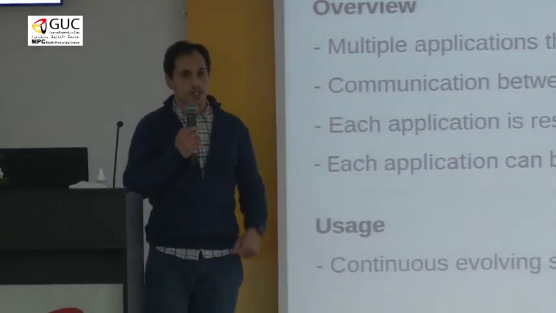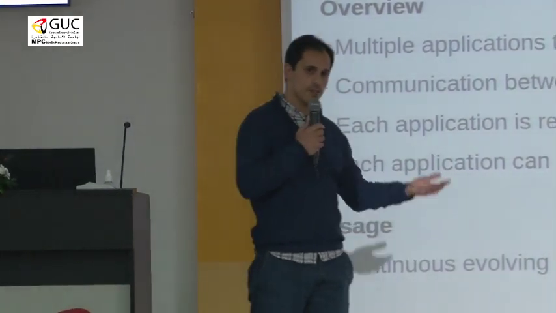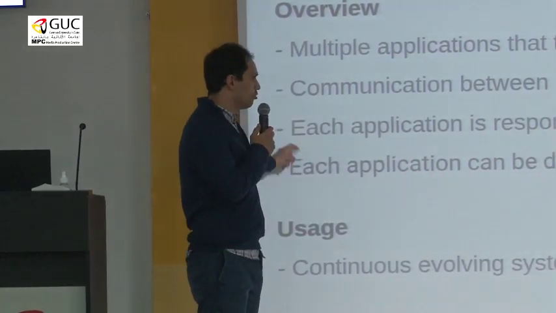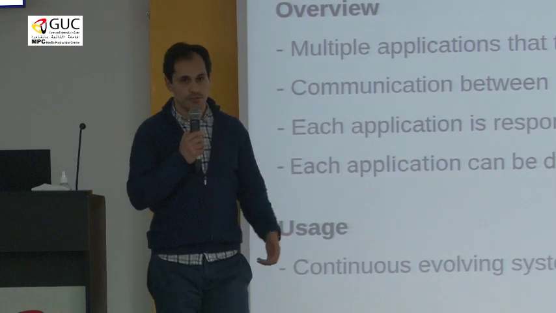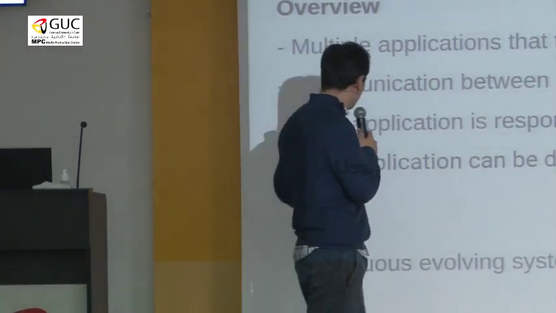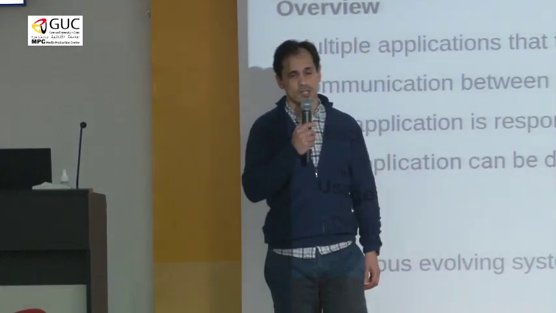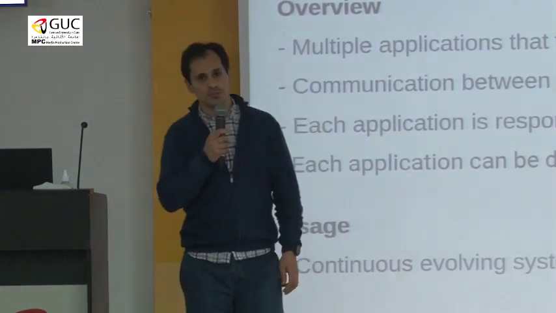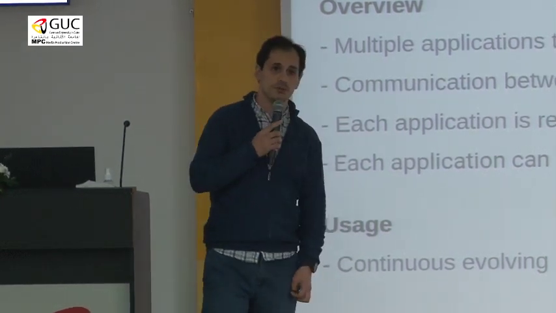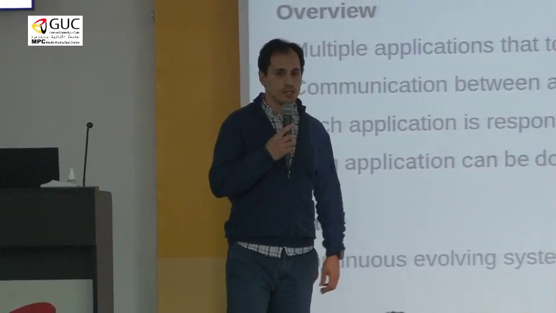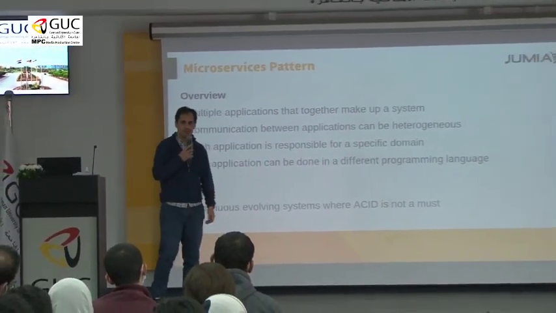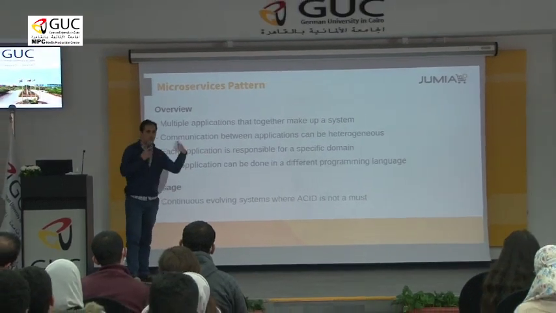As you said, in terms of domain, nothing depends on the others, so each application has its own specific domain. And of course, one important thing is that I can have multiple services in different languages. Imagine that the first service that I do is in Java.